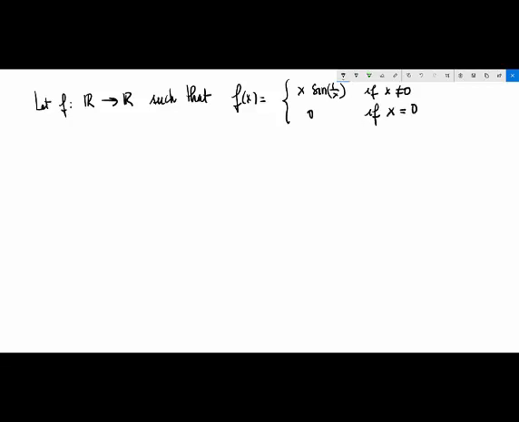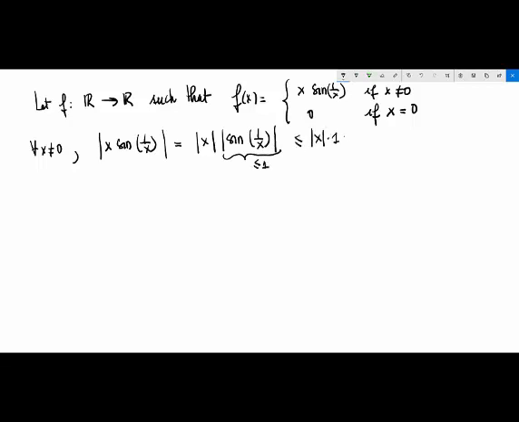Now note that for any non-zero x, the absolute value of x times sine of 1 over x is this product, and clearly the absolute value of sine is always less or equal to 1, so this will be less or equal to the absolute value of x times 1, which is the absolute value of x.